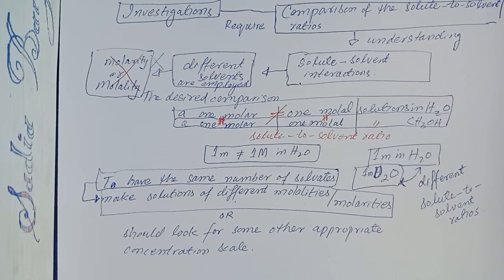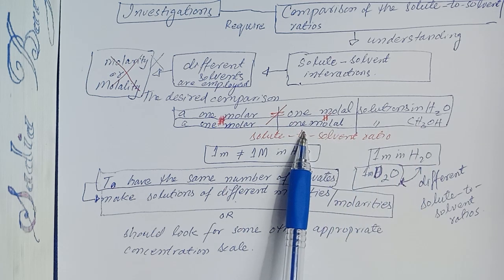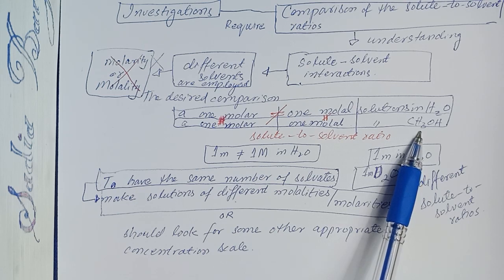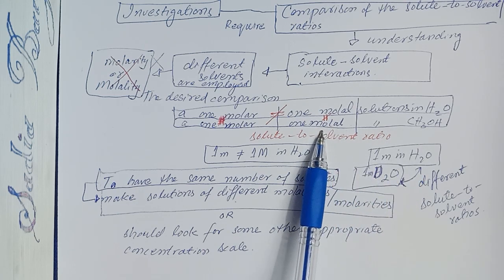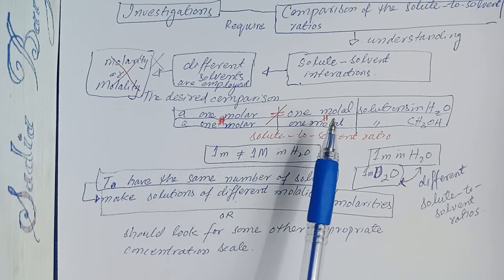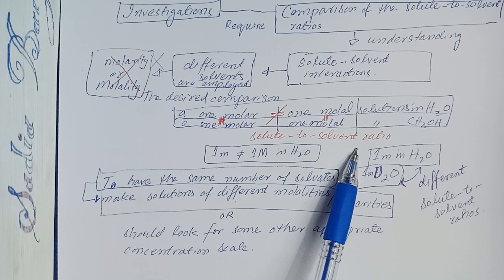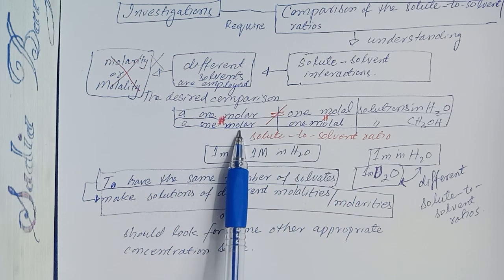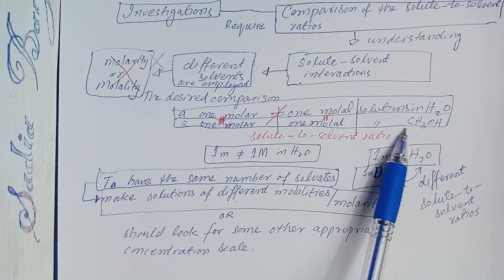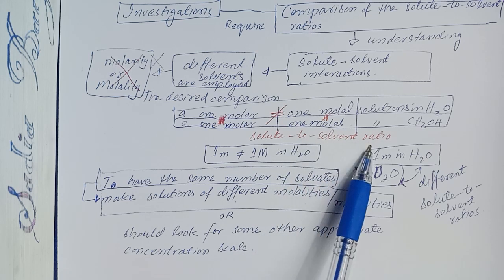So in the above mentioned cases, we have considered two examples. The first one is the formation of a 1 molar solution in water and a 1 molar solution in methanol. These two solutions don't have the same solute to solvent ratio. Similarly, 1 molar solutions of solute in methanol and in water do not exhibit the same solute to solvent ratio.